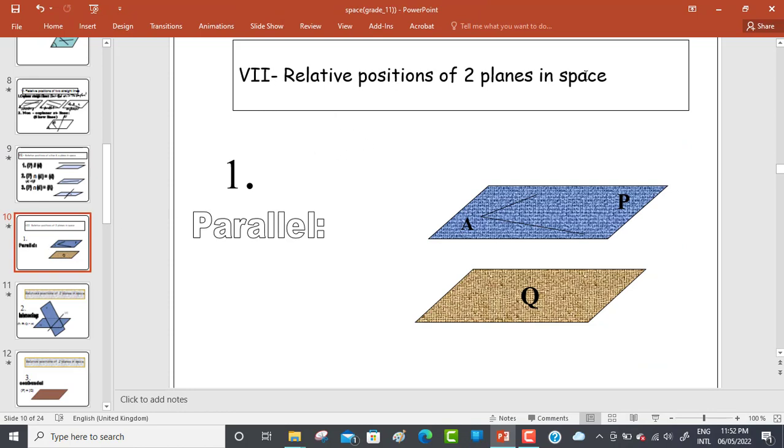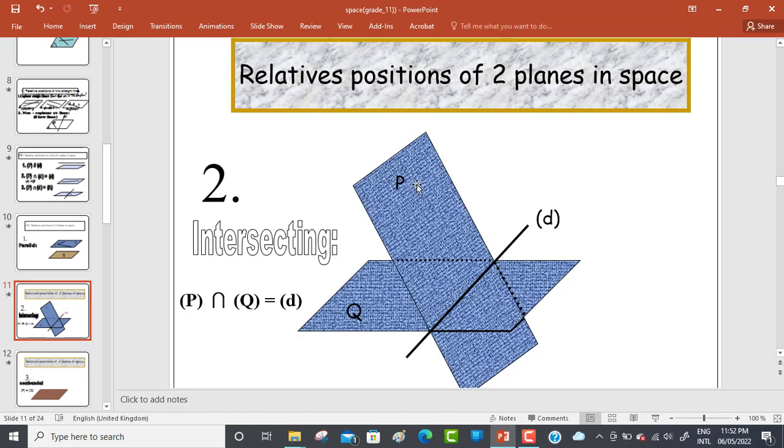Now, relative position of two planes in space. Two planes in space can be parallel, like these two planes, or intersecting, like these two planes. If you don't know how to draw this figure, you can draw it this way, because you need to copy this information in your copybook.